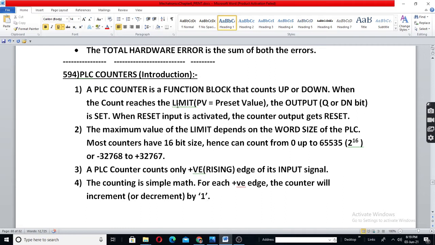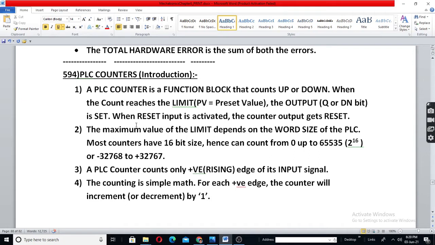Using that known frequency period, it will calculate the real time, and it will count the time elapsed when the timer is enabled, right? But a counter counts the number of pulses, the number of events. See, a timer counts time, a counter counts events.